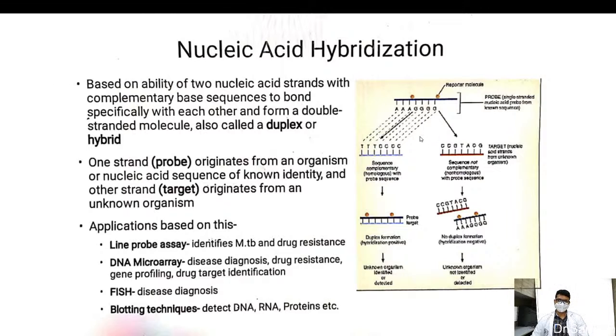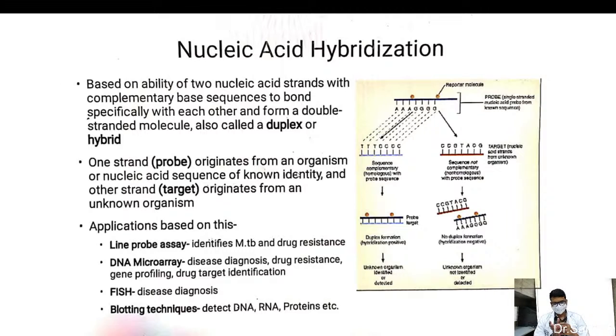The known strand is the probe with the defined sequence, whereas the unknown is called the target. In this nucleic acid hybridization process, one strand, the probe that originates from organisms or a nucleic acid sequence with known identity, is sent onto the target with unknown identity.